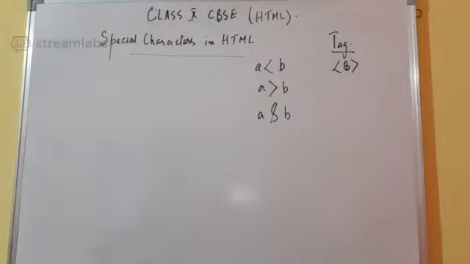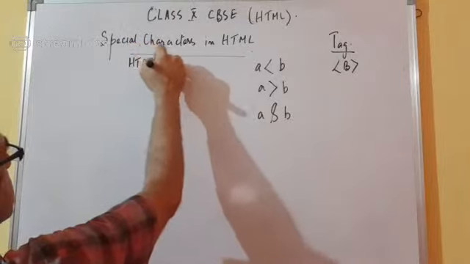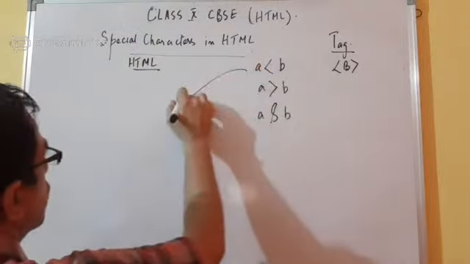So whenever you want to represent this less than sign, it should not be interpreted as a part of some tag, but accepted as normal text only. In HTML, what is the solution for representing such characters?